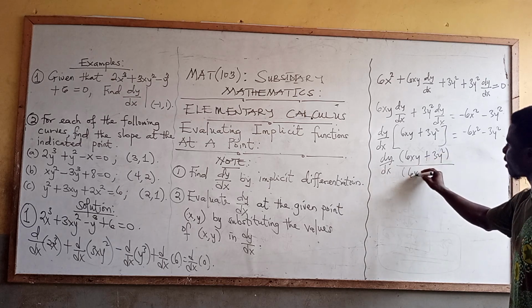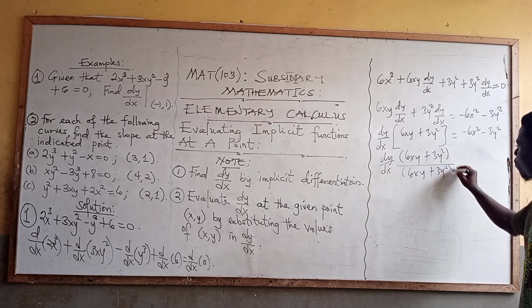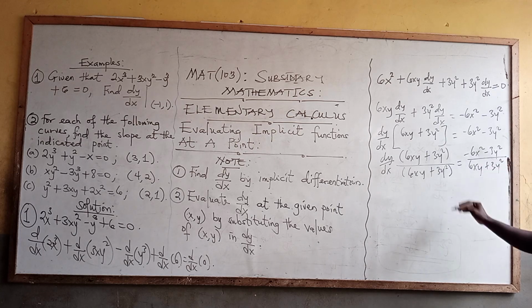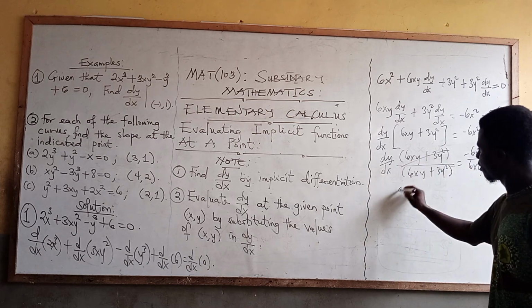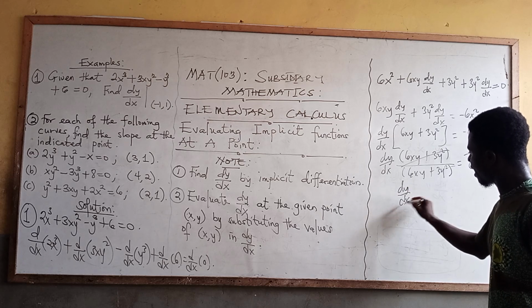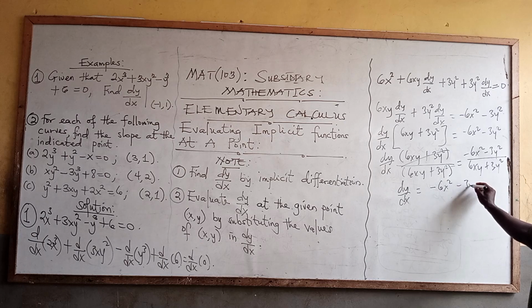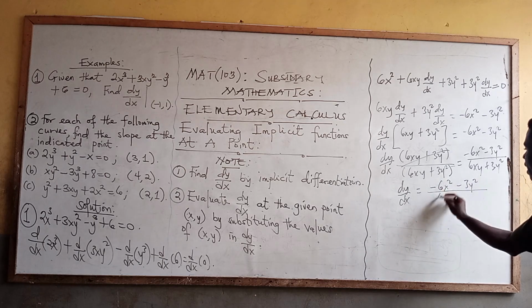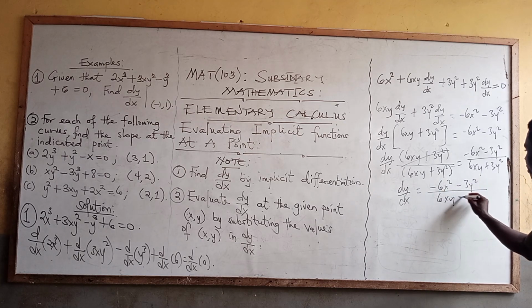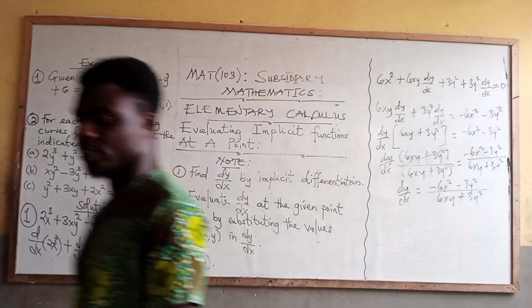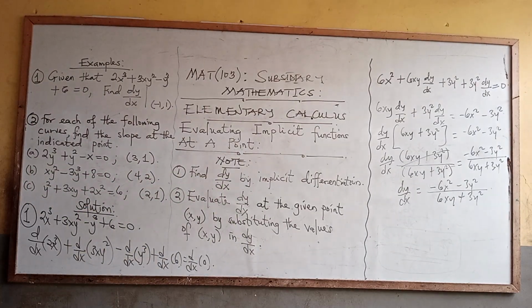This factor cancels, so we have dy/dx equal to negative 6x squared minus 3y squared, all divided by 6xy plus 3y squared. So we have this.